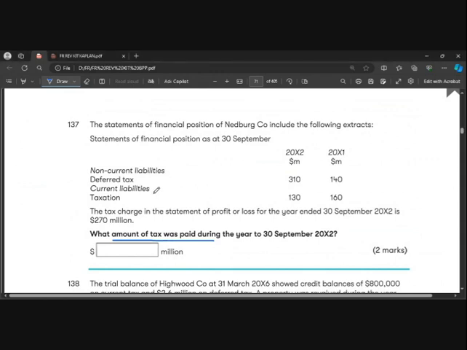The tax charged in the statement of profit and loss is the amount of tax we paid, right? No. There's a difference between the opening and closing. That's the amount of tax we paid. We will bring forward something else. Here we will add tax brought forward, 140. I got it.